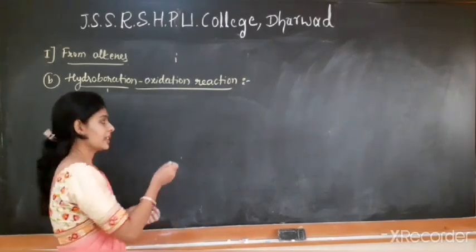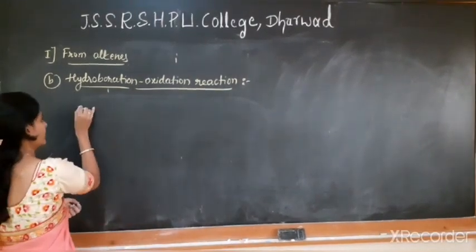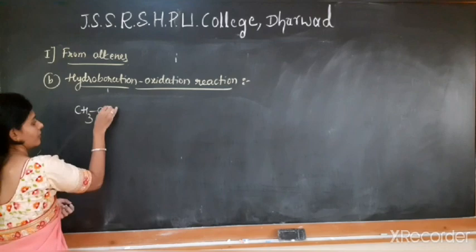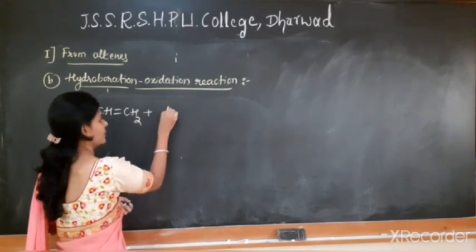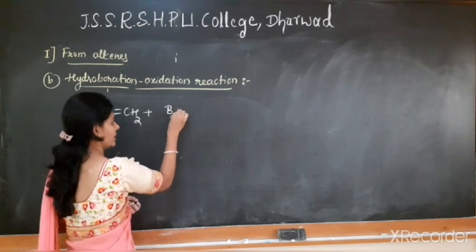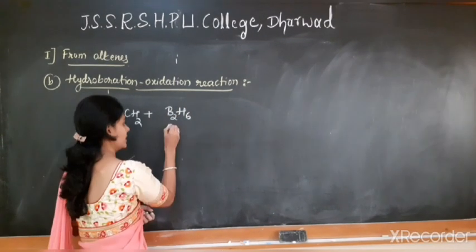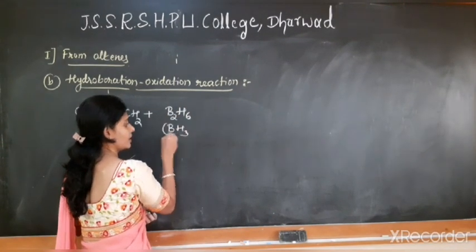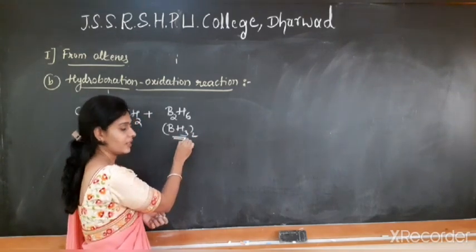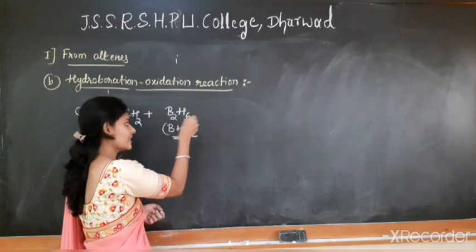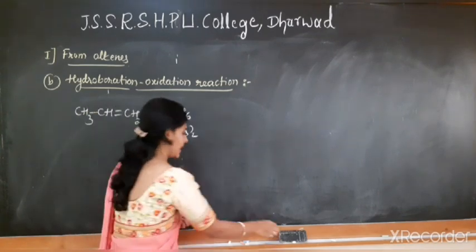Okay. So in this reaction I take an example of propene. Propene is treated with diborane, that is B2H6, written as BH3 twice. As I said, this is the actual moiety which is undergoing reaction, but it exists as B2H6 diborane.